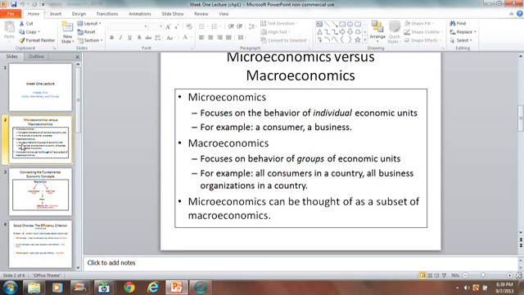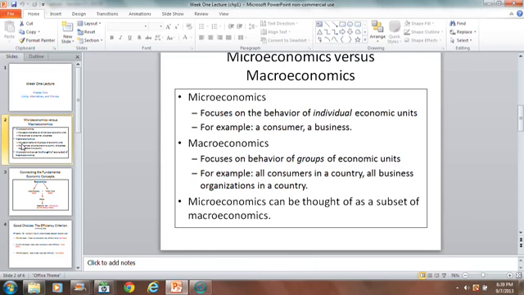Contrast that with macroeconomics. Macroeconomics focuses on group behavior. So in a macro class, for example, you would study the behavior of all consumers in a particular country, or all business organizations within a country, all levels of government within a particular country. So macro has a group focus.